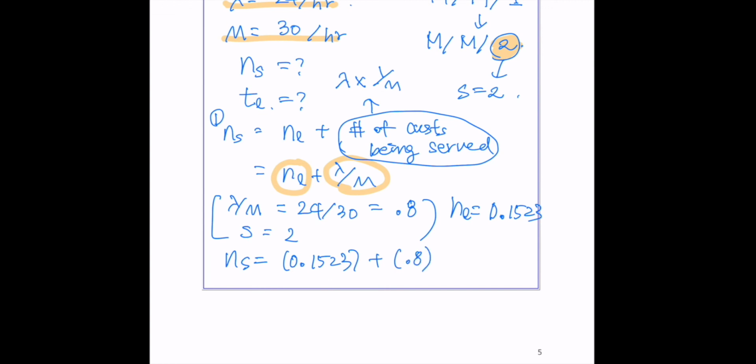So what is the total number of customers in this system? That is 0.9523.